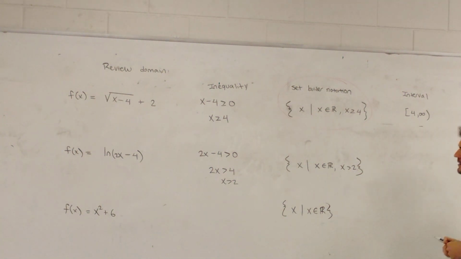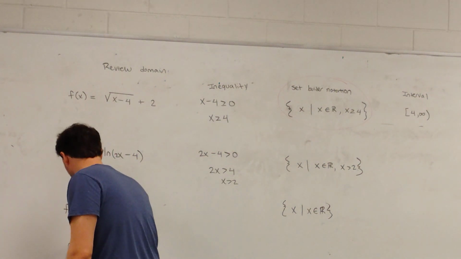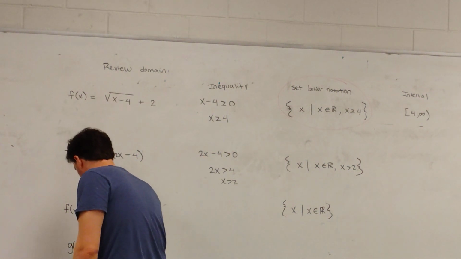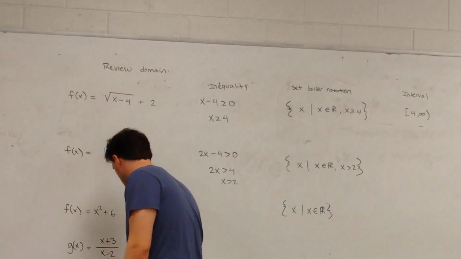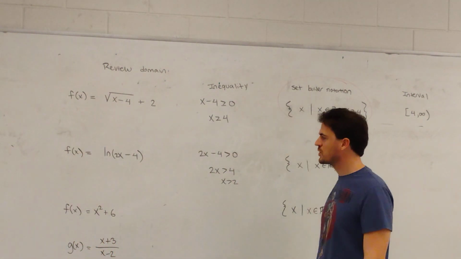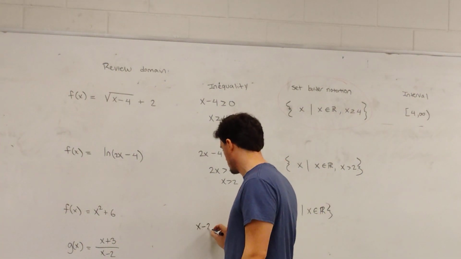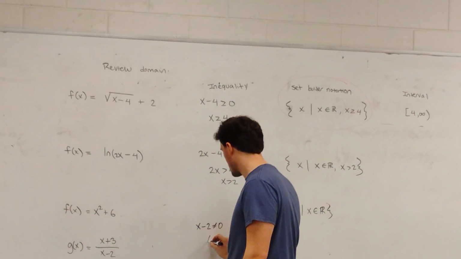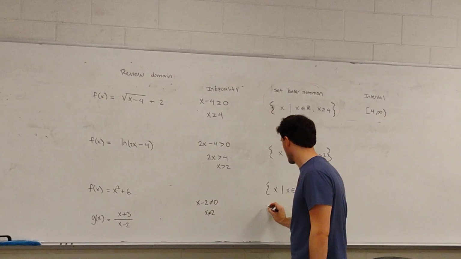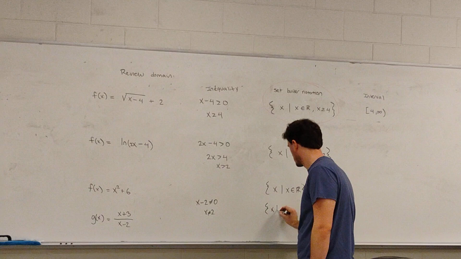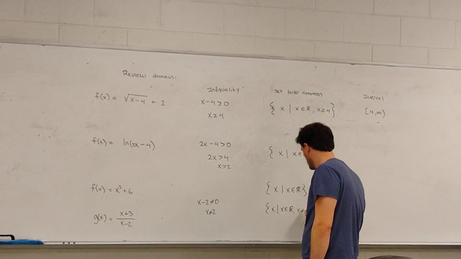There is one last one that I need to write here. What could go wrong if you have fractions? Divided by 0. The bottom can't be 0. So you say the denominator can't be 0, therefore x can't be 2.